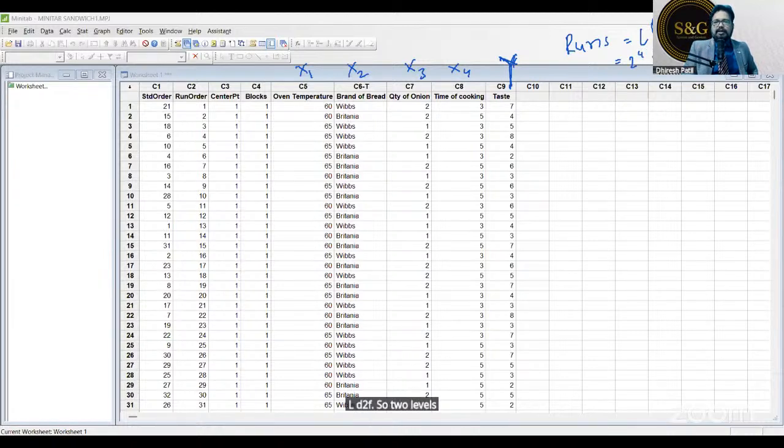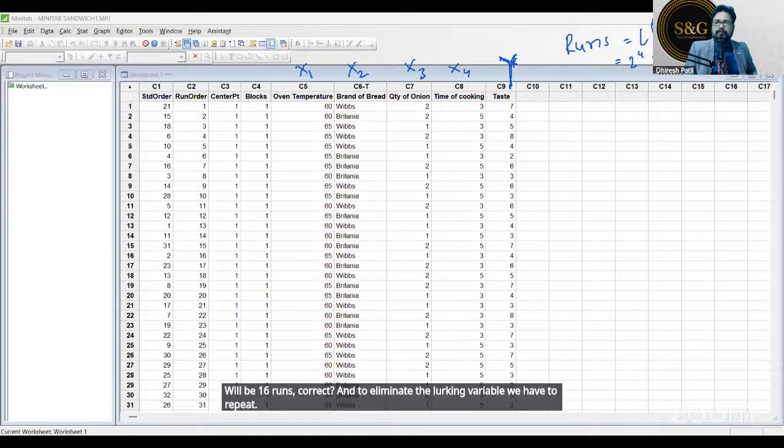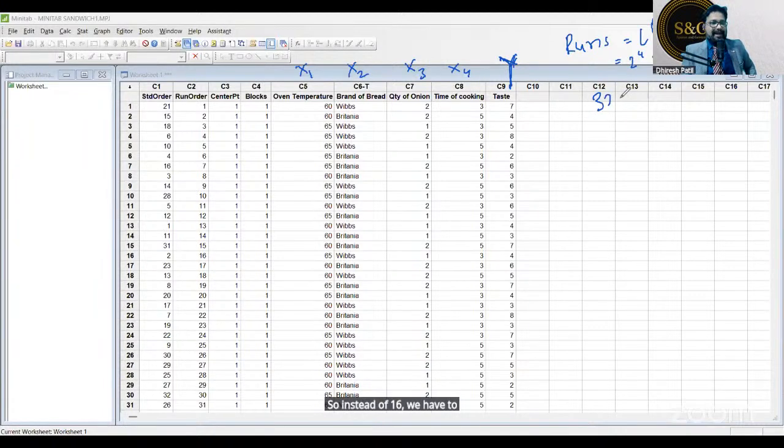It will be 16 runs, correct? And to eliminate the lurking variable, we have to repeat. So instead of 16, we have to conduct 32 runs. Clear everybody? Very good. So temperature, bread, onion, and time of cooking.